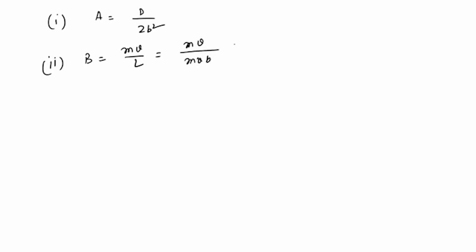So, given these two, we can find out from 1 that a is equal to d over 2 b square, and from 2 we can find out b equal to m v over L, which is equal to m v over m v b, which is equal to 1 over b. Okay. So, this is say 5 and 6, which are the two unknown constants.